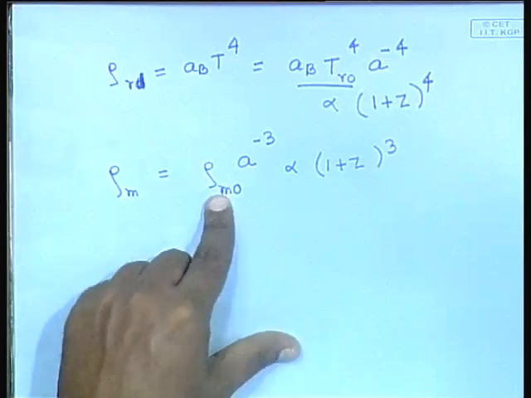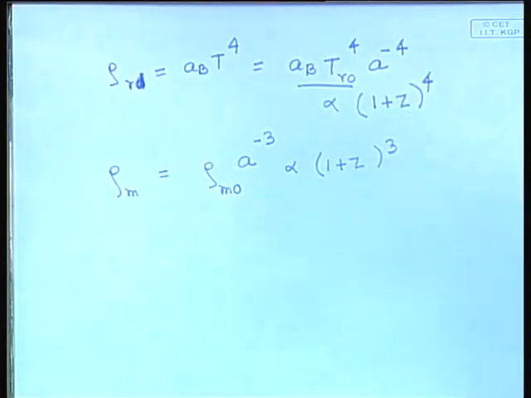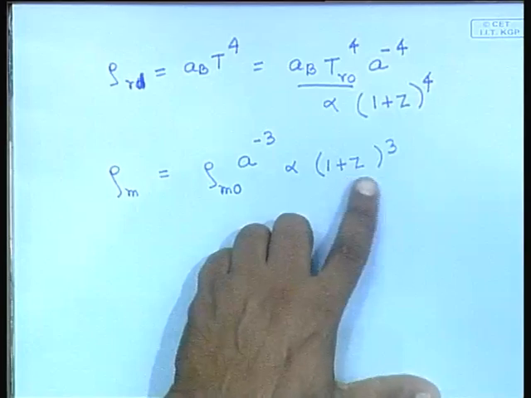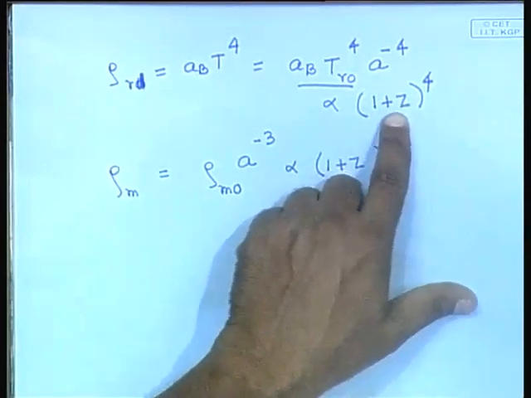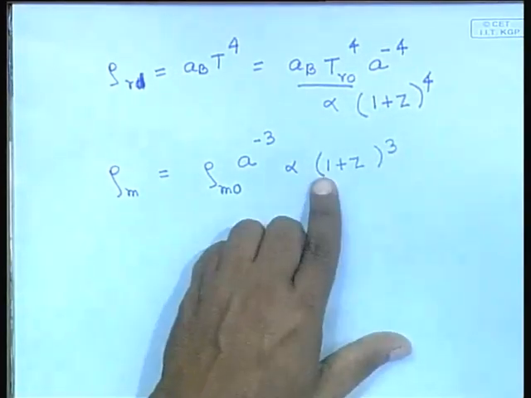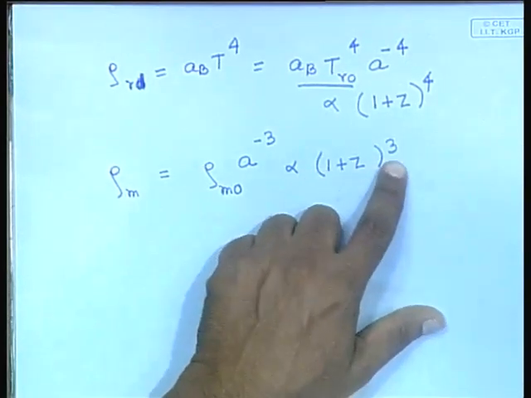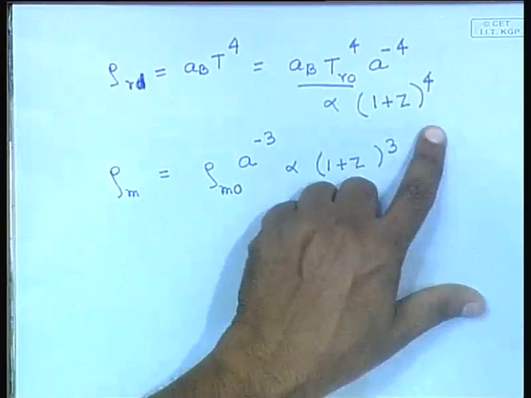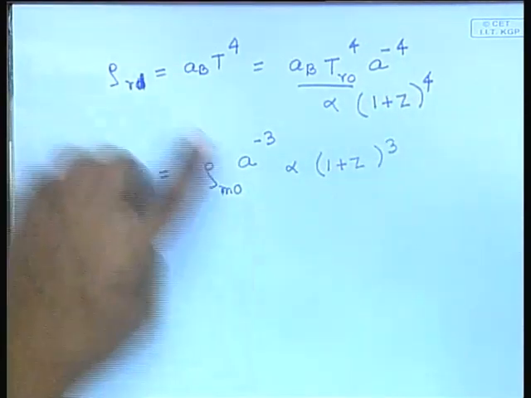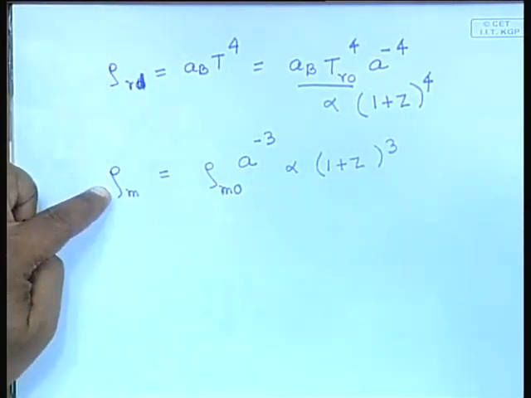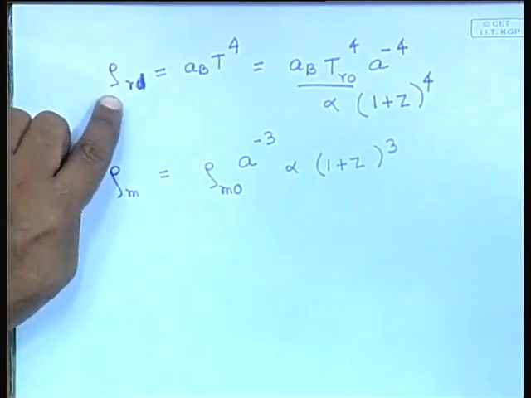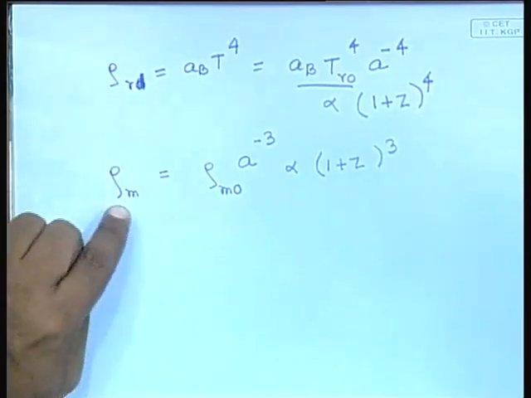This is at present, but as you go into the past, the radiation will scale as (1 plus z) to the power 4, while matter scales as a smaller power, (1 plus z) to the power 3. So, at sufficiently high redshifts, this term will overtake the other, and we shall go into the radiation dominated era.